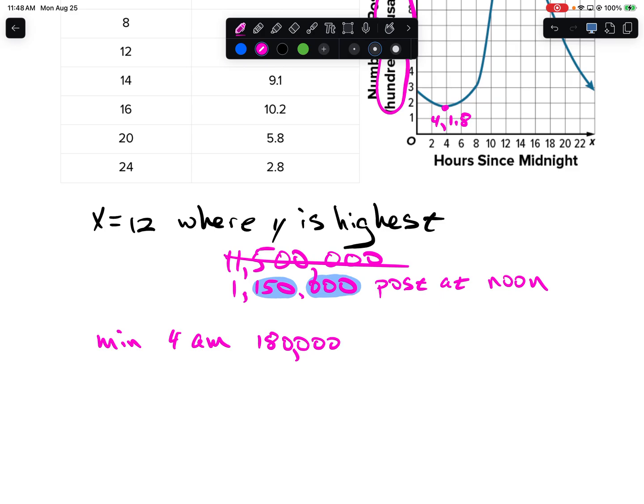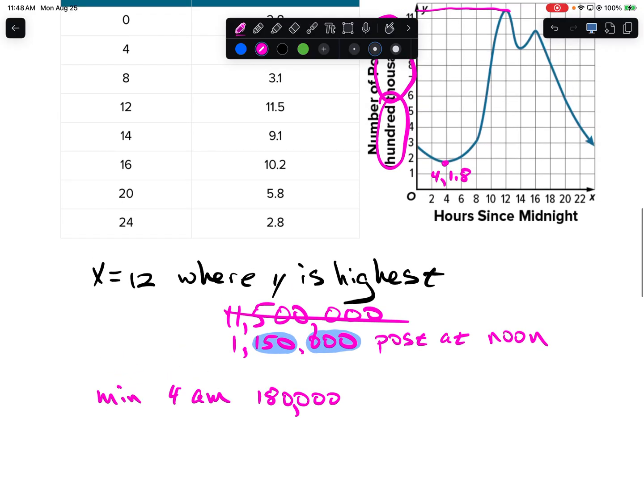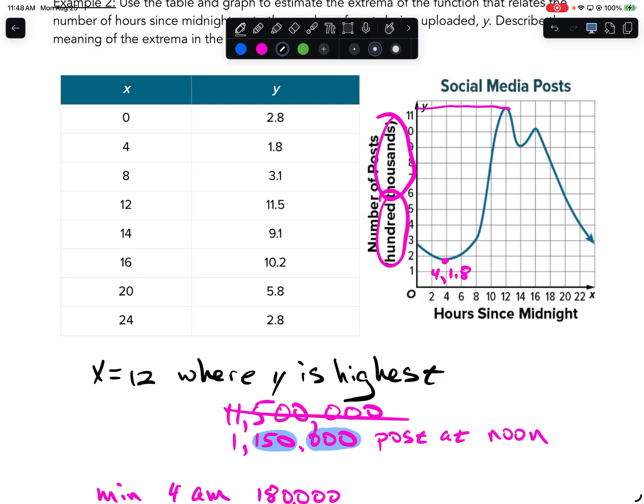Okay, relative max. So what point is a relative max? So as we look at this thing here, this max, the next one down basically. At what time? 16 hours after midnight is what? 4 p.m. But we have to do the ordered pair as 16, right?